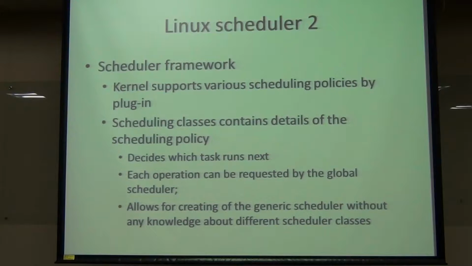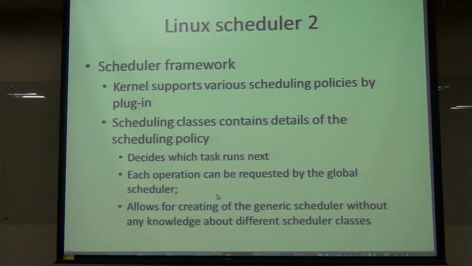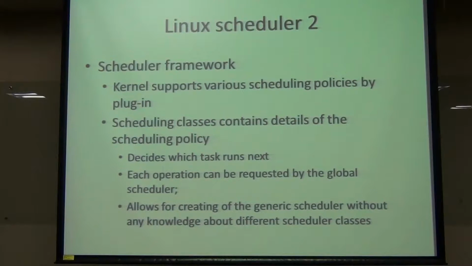For example, you have the fair scheduler, also known as CFS, running as the main default scheduler. Also, there's a real-time scheduler, SCHED_FIFO or SCHED_RR, round robin, which can run side by side. And then the framework provides function pointers so that your scheduler module can enqueue, dequeue, pick the next task, find out what's next, and so on.